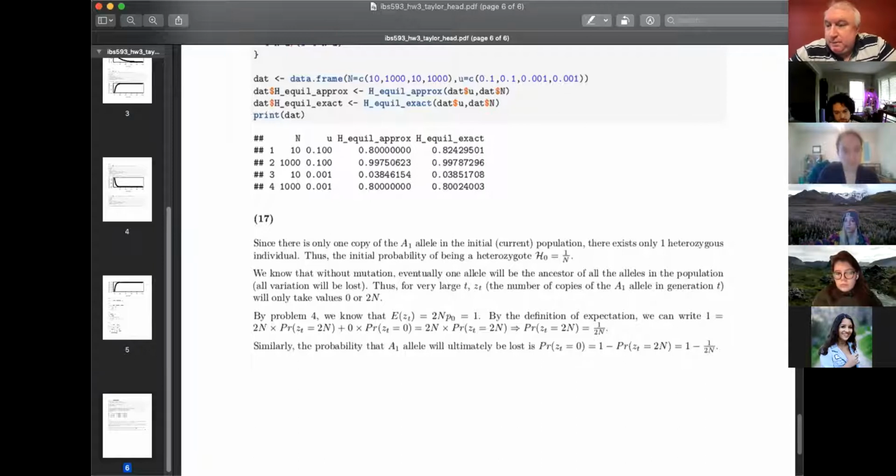That's a result you can keep in your head. An allele at frequency x has probability x of eventually reaching frequency 1 before it's lost, and probability 1 minus x of being lost before it reaches frequency 1. That is a deep, deep, and powerful result.